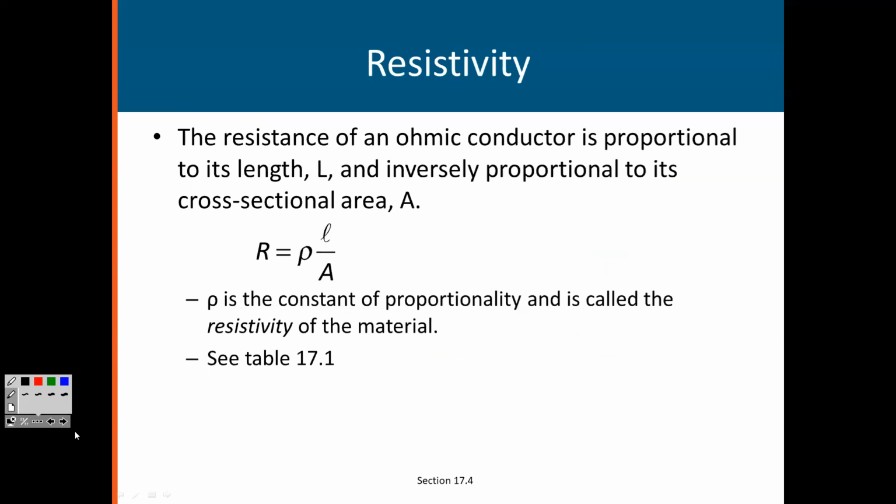Semiconductors are non-ohmic devices. They don't have a constant resistance. Now we are going to define another quantity. It looks like resistance, right? It's not resistance, it's called resistivity. What's the difference? Let's see what the difference is.